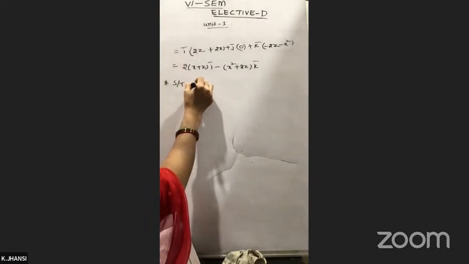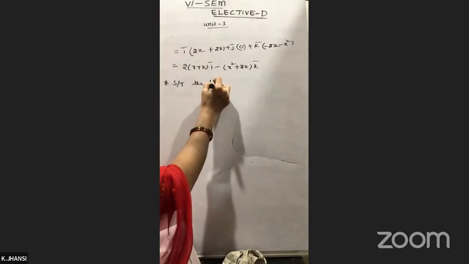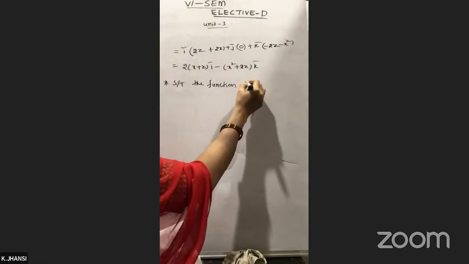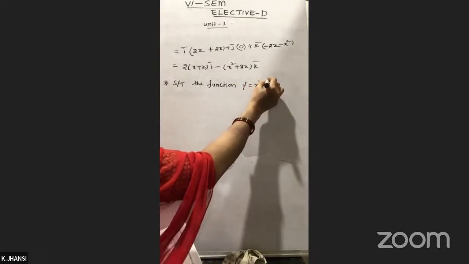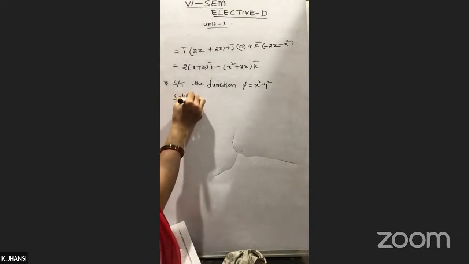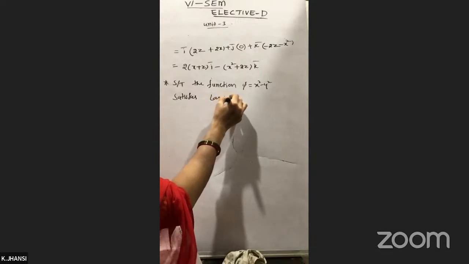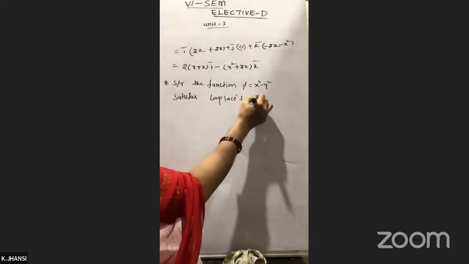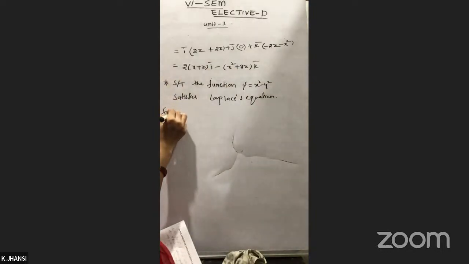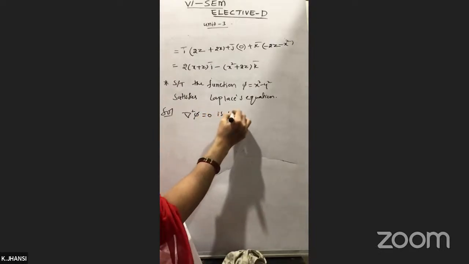Show that the function phi equal to x square minus y square satisfies the Laplace equation. We know that del square phi equals 0 is the Laplace equation.